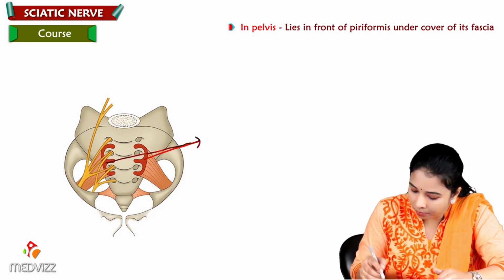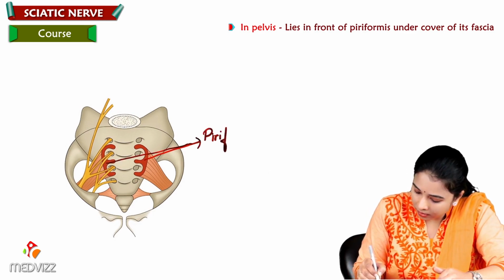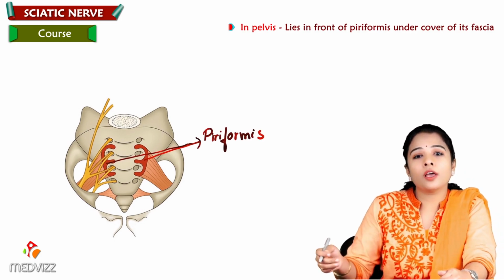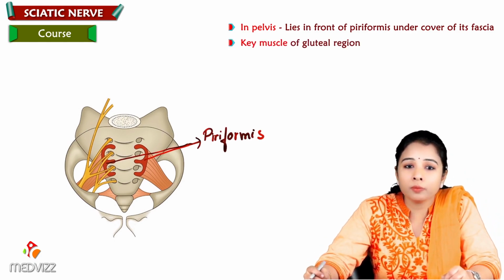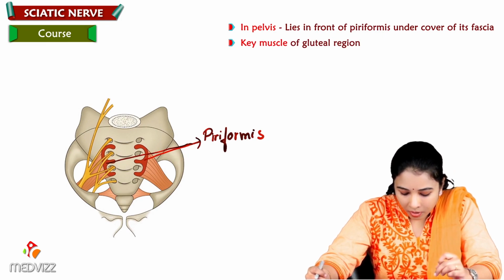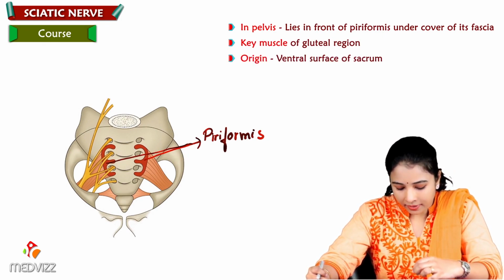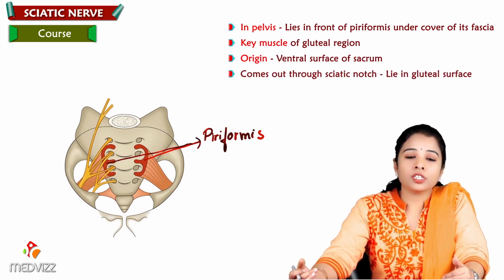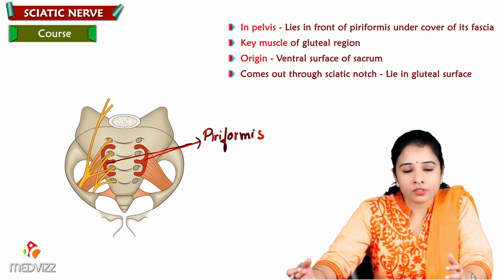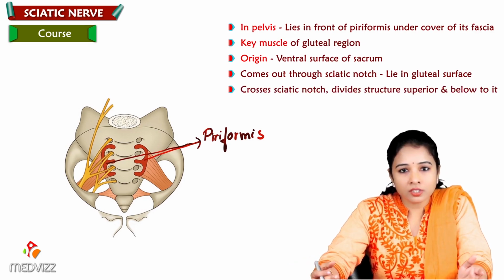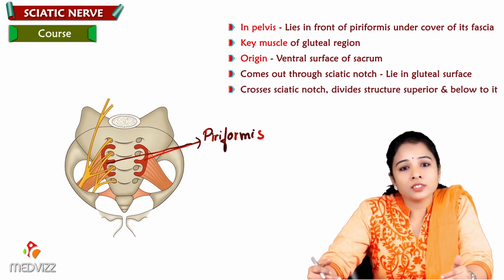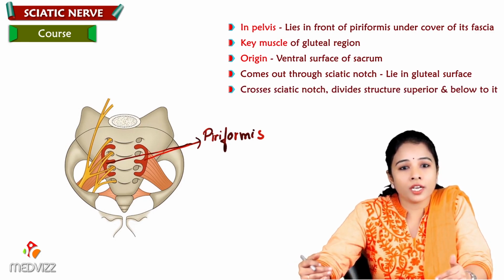This is the origin of the piriformis muscle. One thing you all have to note here: piriformis is the key muscle of the gluteal region, because it gets origin from the ventral surface of the sacrum and comes out through the sciatic notch to lie on the gluteal surface. When it crosses the sciatic notch, it divides the structures superior to it and below it.